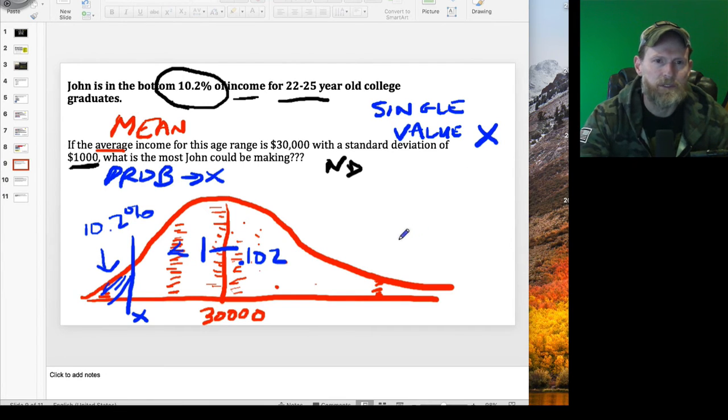Okay, so the next thing we want to do, we could do a couple ways. We want to find the value that corresponds to that.